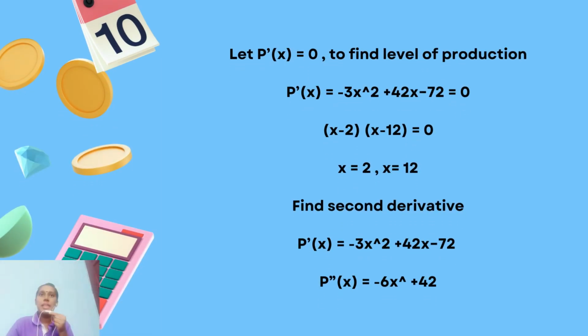Next, let P'(x) equal 0 to find the level of production. So we get x = 2 and x = 12. Then we do the second derivative, so P''(x) equals −6x + 42.